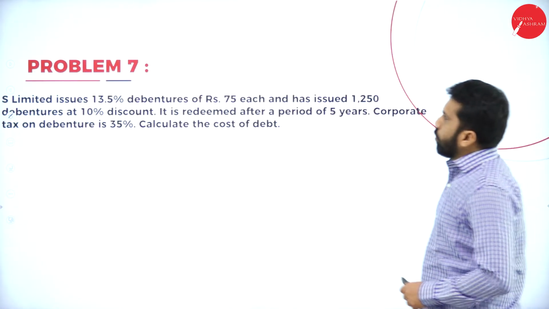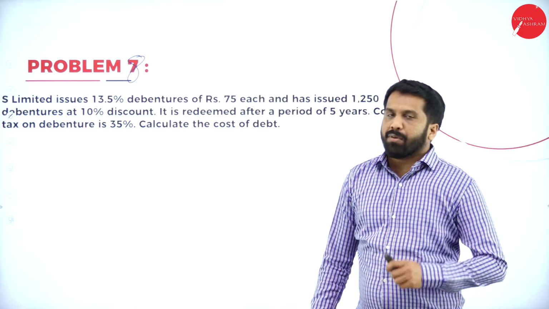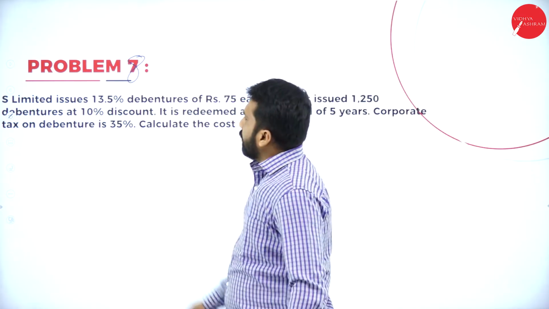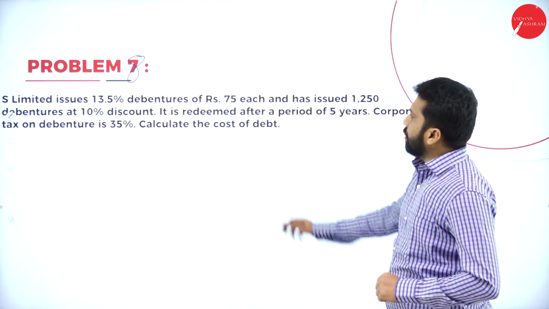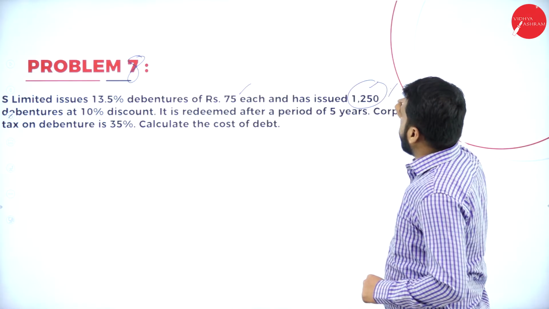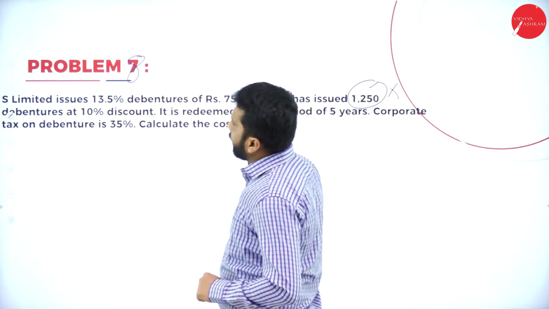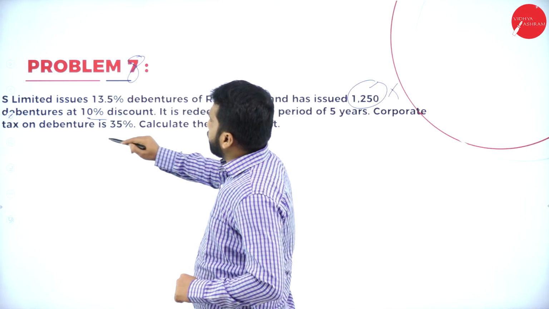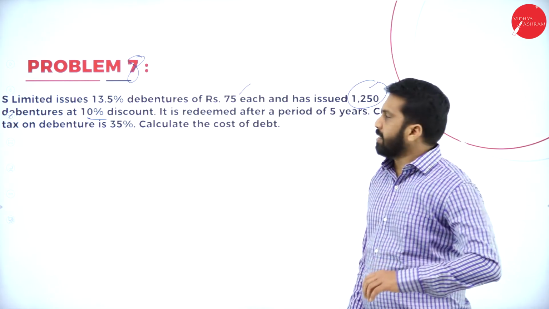Now we'll go for problem number 8. Yes Limited issued 13.5% debentures of 75 each, as issued at 1250. This is immaterial, we will not take it anywhere, even though it is a market price. Debentures are issued at a 10% discount.